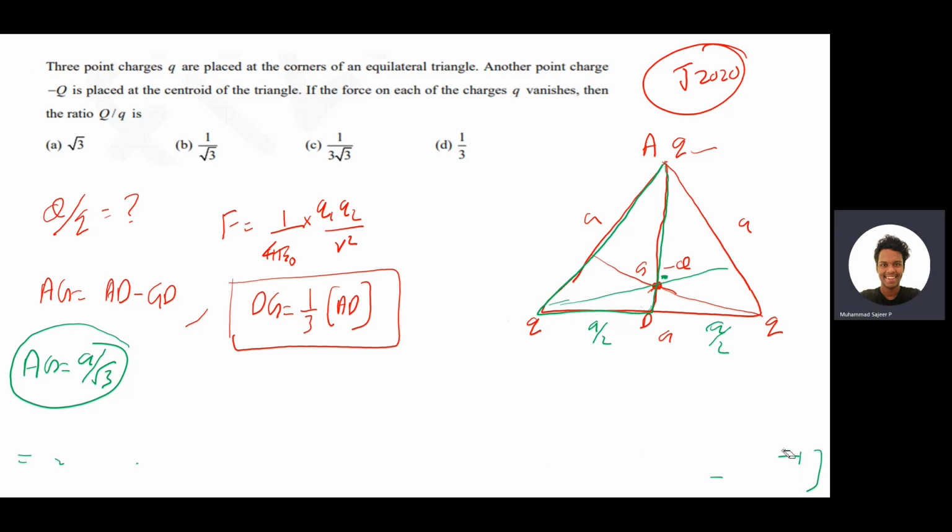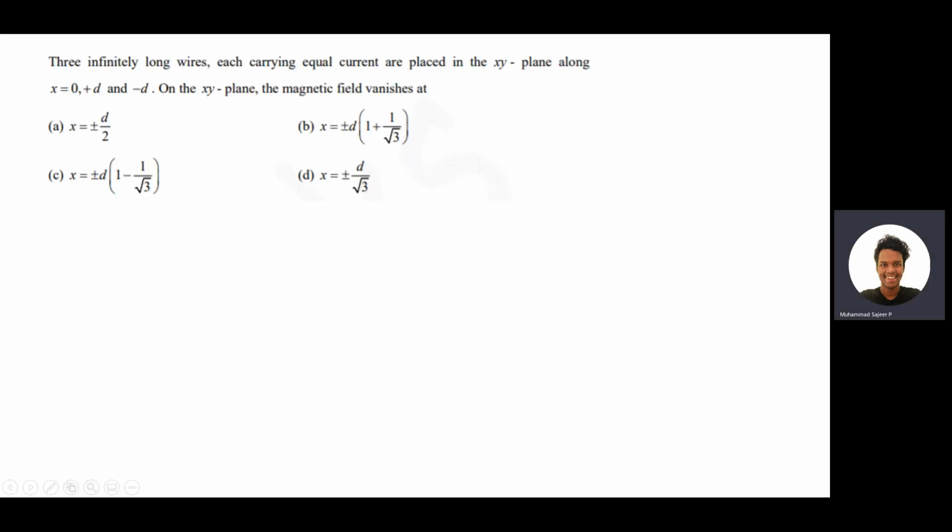This will definitely help you to understand this problem more clearly. Okay, we got the AG. Now we have to find the force, right? Now I will redraw the triangle here, so it will be easy for you to understand.